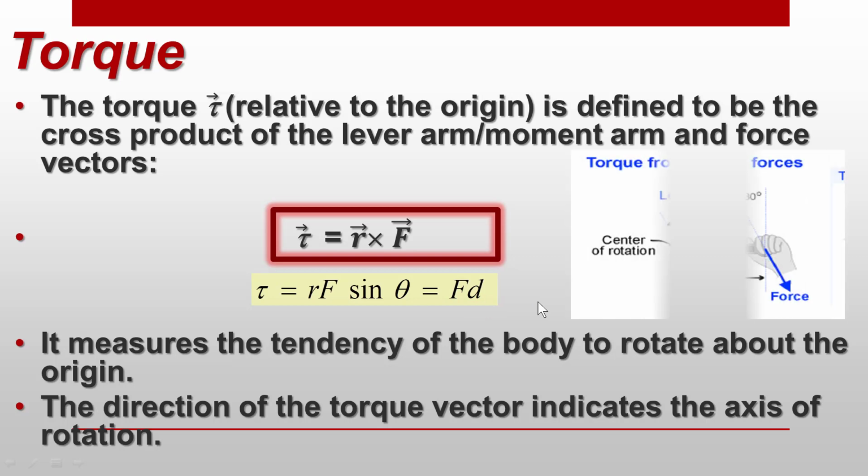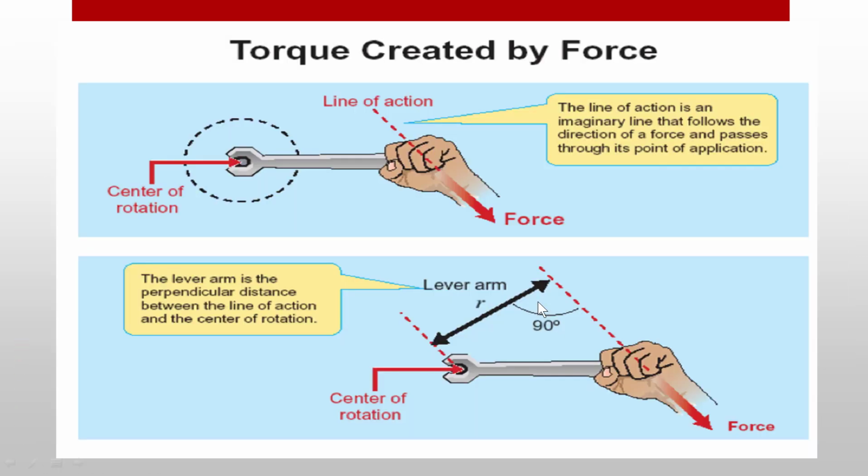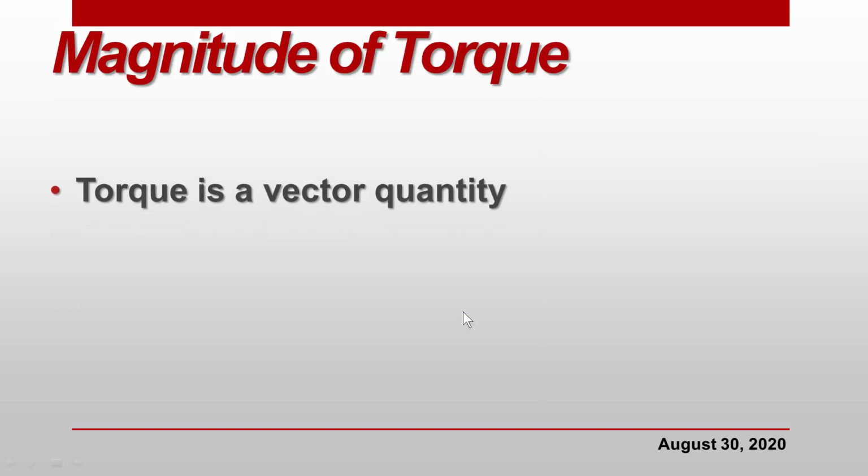Okay, so for the torque created by a force, you can see that the line of action of force is given over here. We are applying force, and this is the center of rotation about which the nut is rotating, and the perpendicular distance between this axis of rotation and the line of action of force is known as the lever arm or moment arm.